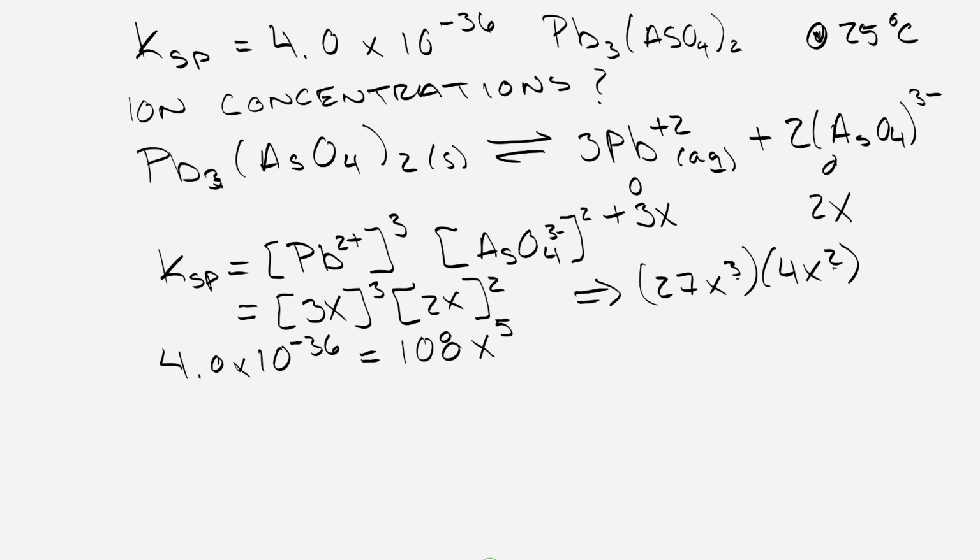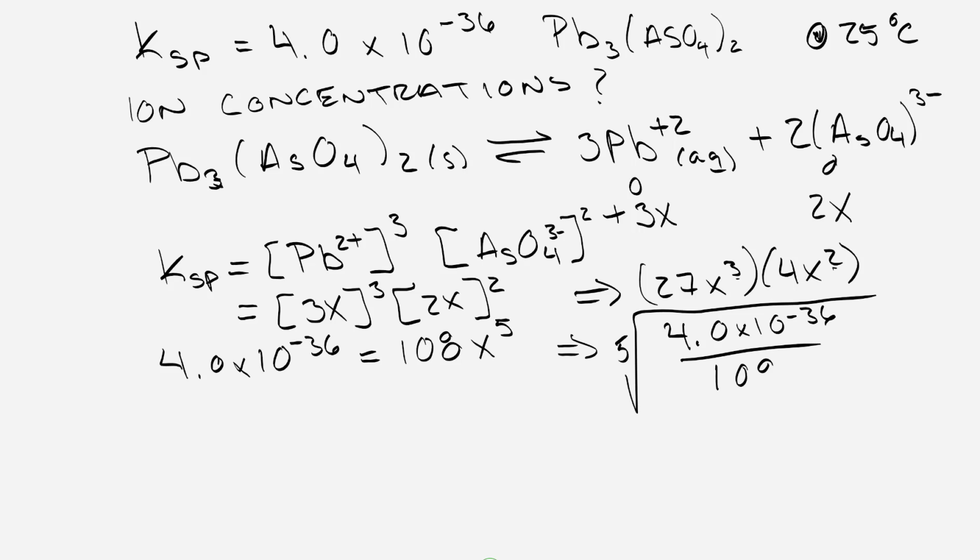So then our next step is to take the fifth root of 4.0 times 10 to the negative 36 divided by 108. And when we crunch that out, we get x equals 3.26 times 10 to the negative 8.